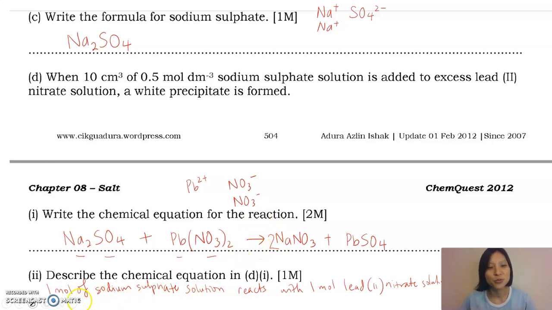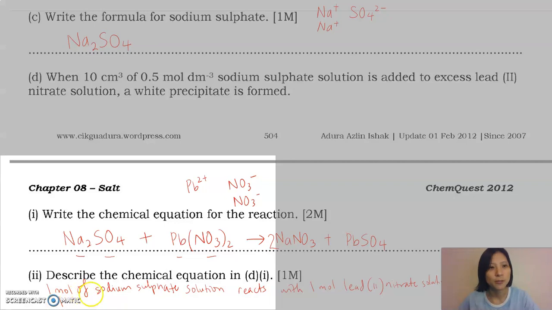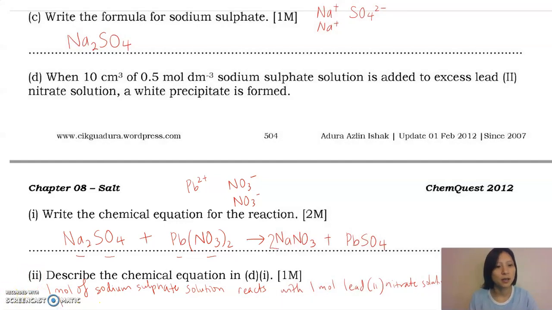Okay. So arrow now. How do we explain arrow? We say to produce. To produce, okay, to produce what?